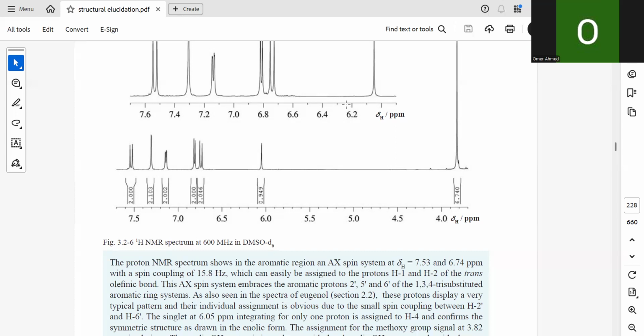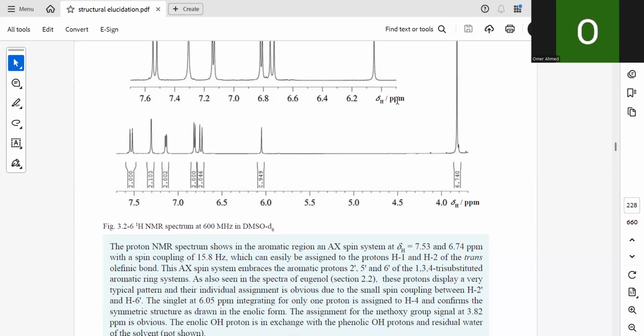So which can easily be assigned to be proton 1 and proton 2 of the trans olefinic bond. So the AX spin system embraces the aromatic protons 2 prime, 5 prime, and 6 prime of the 1,3,4-trisubstituted aromatic ring system, as we have also seen in the spectrum, as we saw in eugenol.